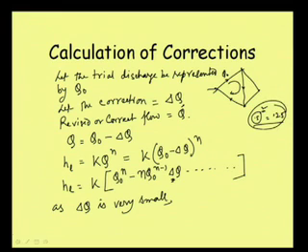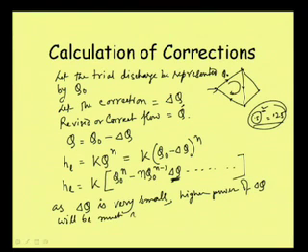So, as delta Q is very small, higher powers of delta Q will be much smaller.